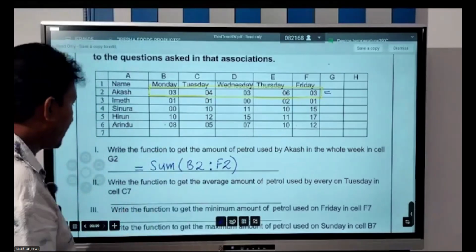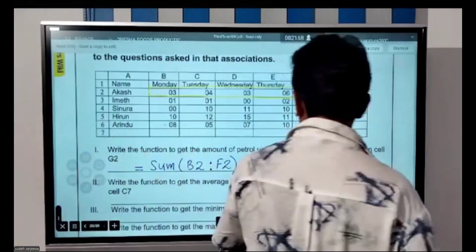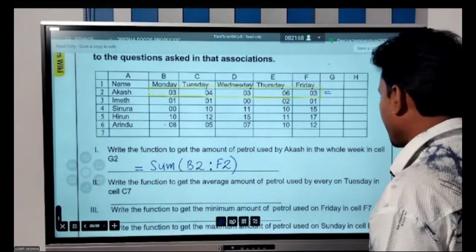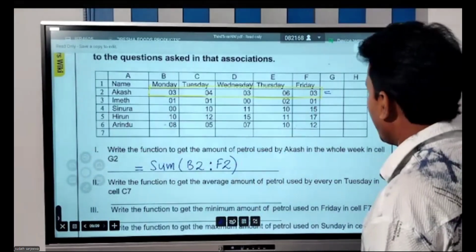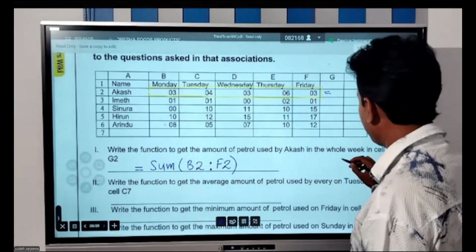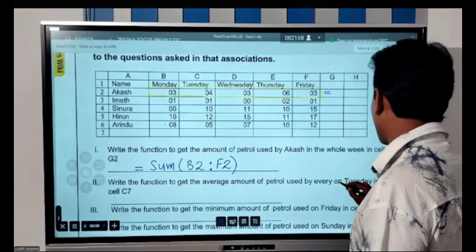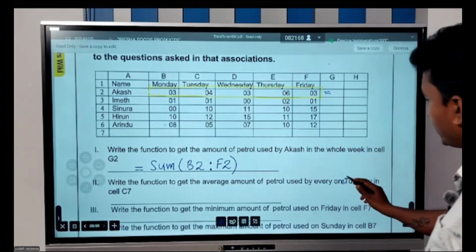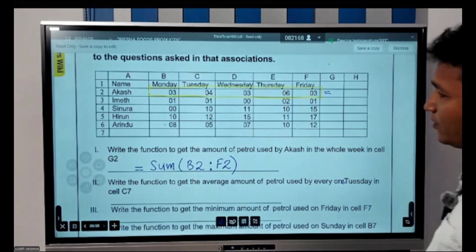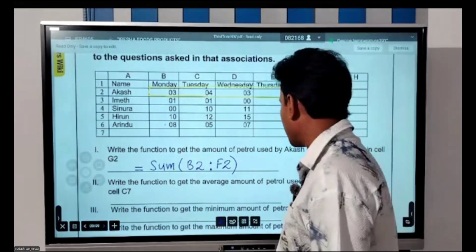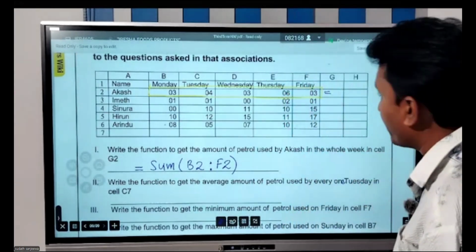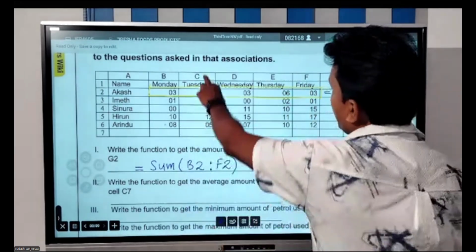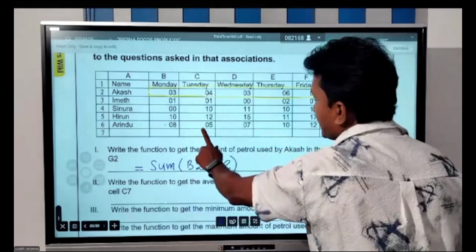Next one. Write the function to get the average amount of petrol used by everyone. Right? Used by everyone. Write the function to get the average amount of petrol used by everyone on Tuesday in cell C7.